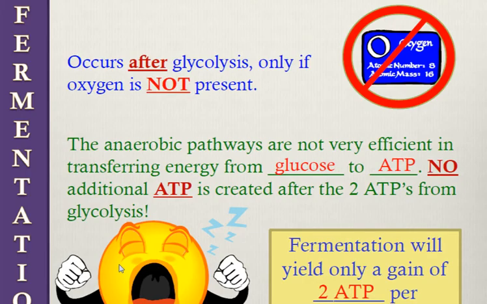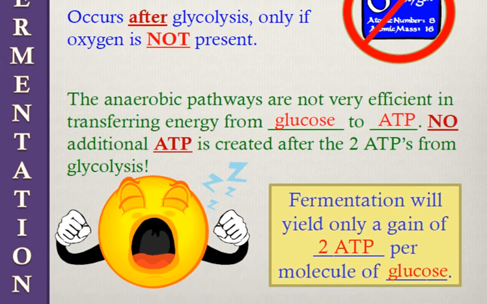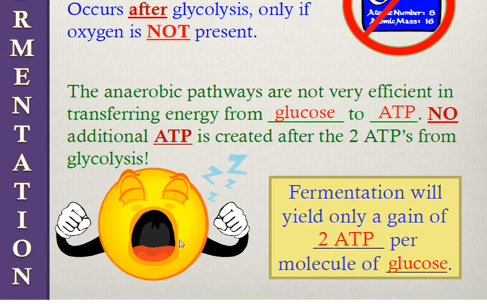Now, if we stay in the cytoplasm, we just stay where glycolysis is. Glycolysis is in the cytoplasm. The pathways are not very efficient because regardless of what's happening, we are breaking one glucose, anaerobic or aerobic. The glucose amount starting does not change. So you are relying only on the 2 ATP made from glycolysis.